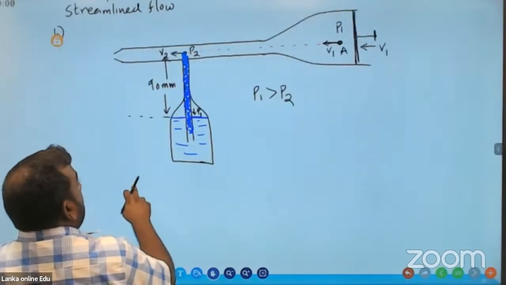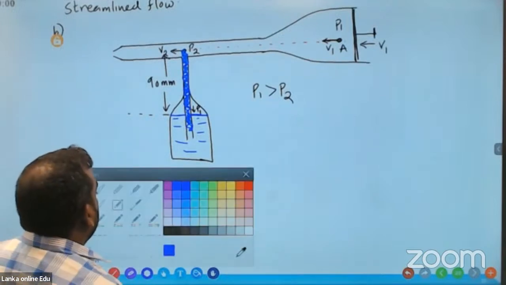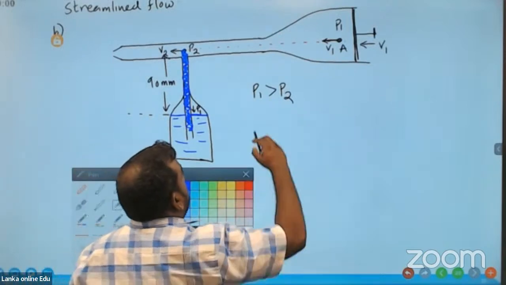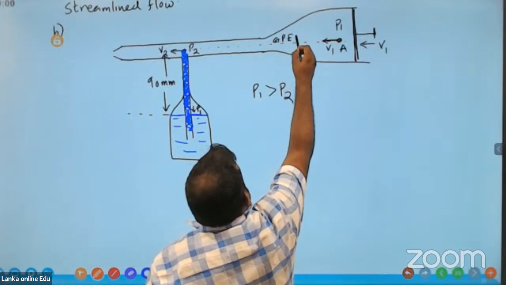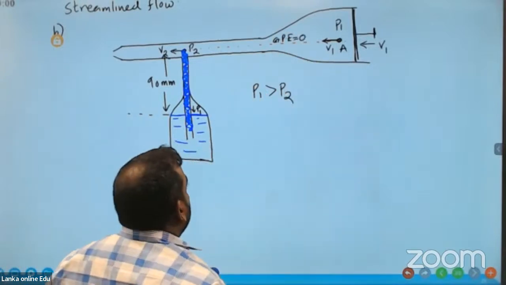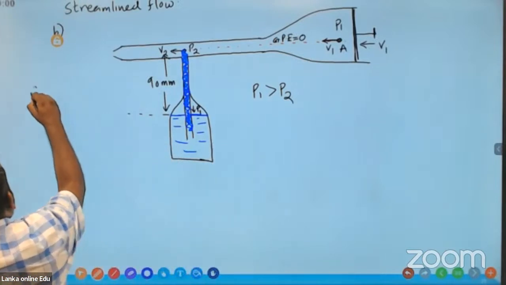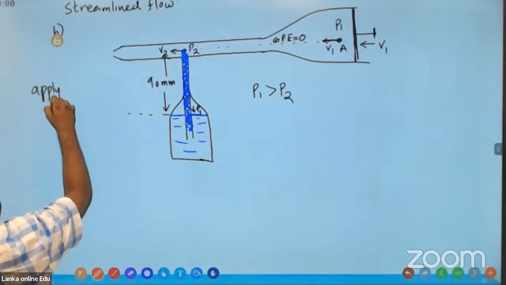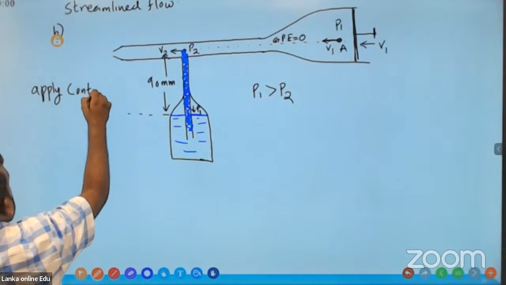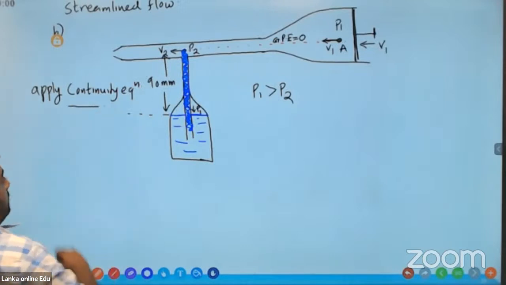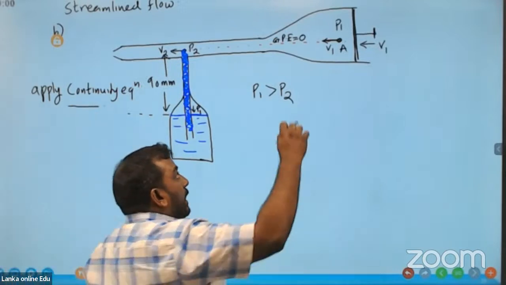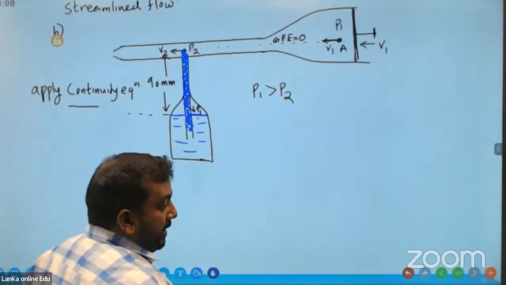This is a very good question. What we can do is take the same level as the GPE equals 0 line. Okay, let's work. Let's apply the continuity equation. Larger area: A1 V1 equals A2 V2.